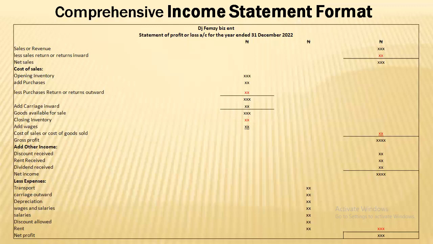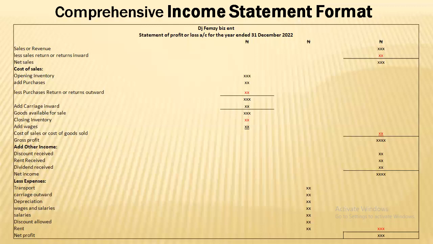The next thing is to determine our cost of sales. Now, how do we determine our cost of sales? We have the opening inventory. You add purchases. If there are any purchases that have been returned, or returns outward, you deduct that. You can see all those letters that are in red mean subtract, while the black ones mean addition. So if you deduct your purchases returns, it gives you a value.